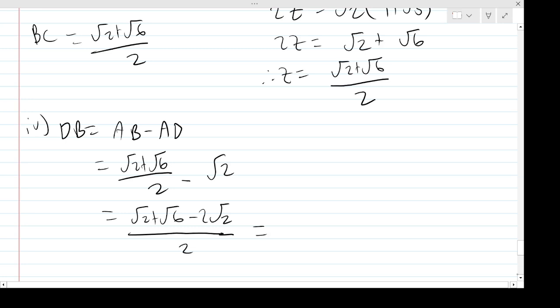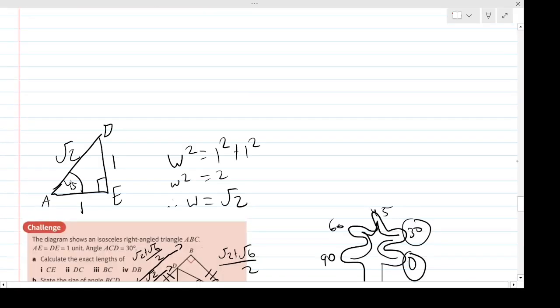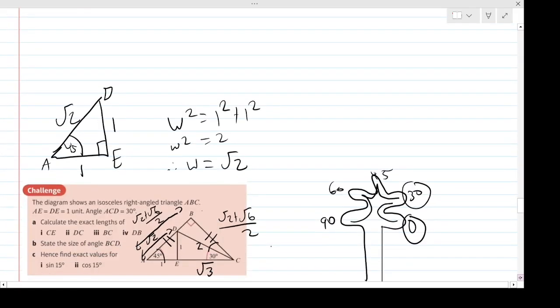Well, then if we simplify this, root 2 minus 2 root 2 is just going to be minus root 2. So you have 1 lots of root 2, take away 2 lots of root 2, is minus root 2. So we're going to get root 6 minus root 2 over 2 there, okay? So there we are. So that's the length DB. Okay. There we are. Now, I'm going to get rid of this hand now.